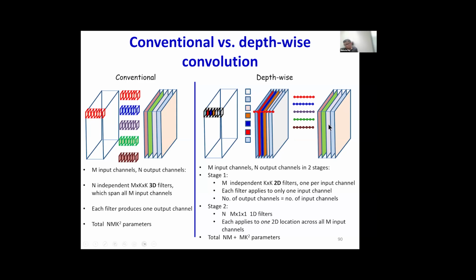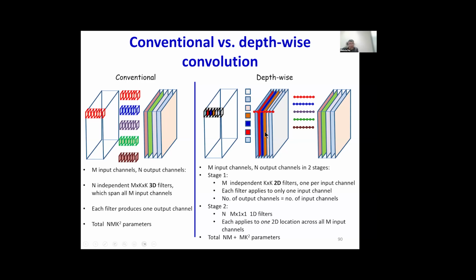And so, as you can see, because 1x1 convolutions are very, very inexpensive, whereas these are much more expensive, this is going to end up requiring far fewer convolutions than the standard approach. It's also going to end up requiring far fewer parameters.